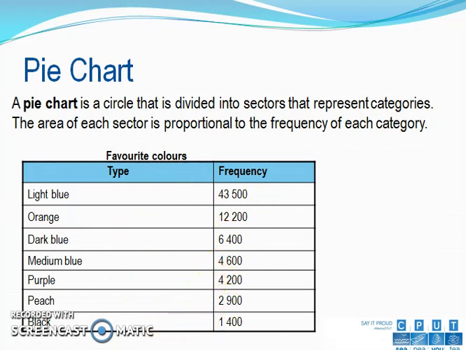And as you can see, 43,500 people said they like light blue, 12,200 people said they like orange, etc. What's important here is the total number in our sample. The total number in our sample is 75,000, and let's just write that down. N is the total number of the sample, 75,200 people.